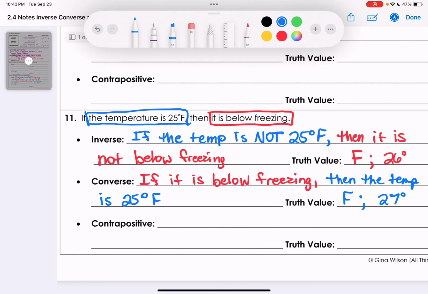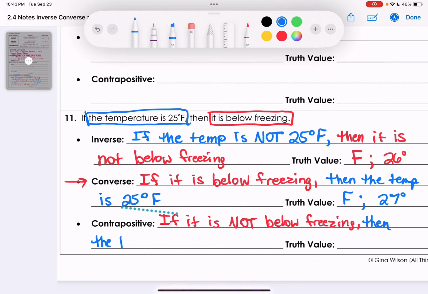So then the contrapositive is, now I'm going to say, still the red part here, if it is not below freezing, then the temperature is not 25 degrees Fahrenheit.